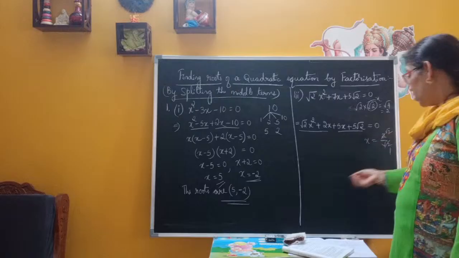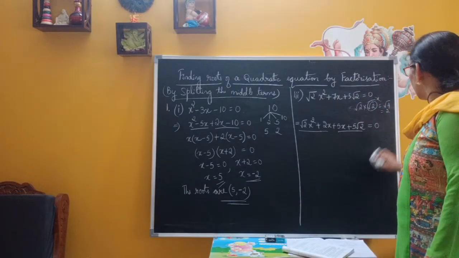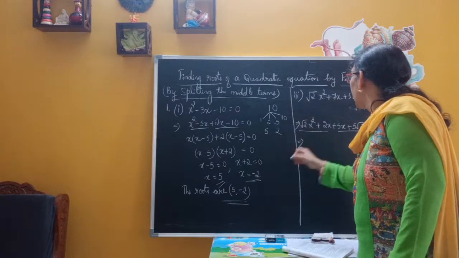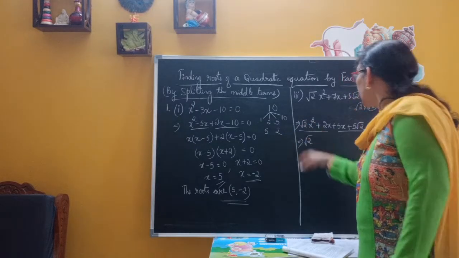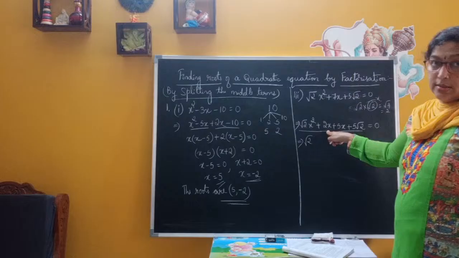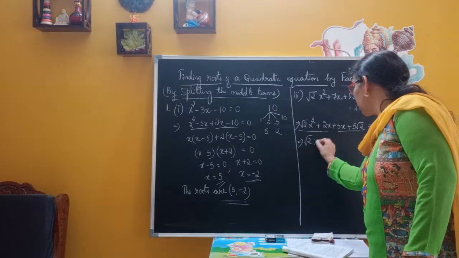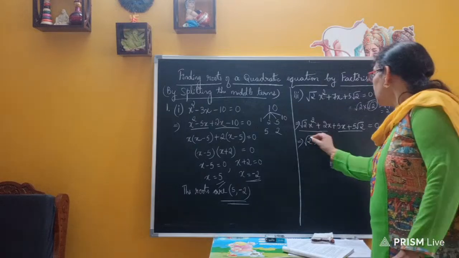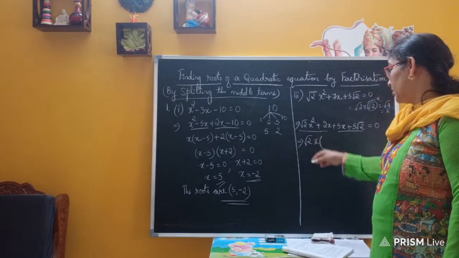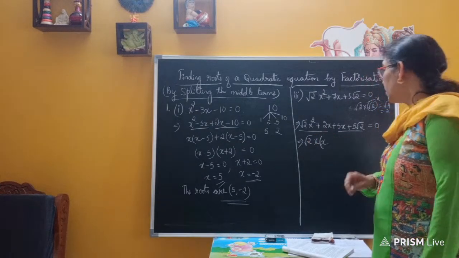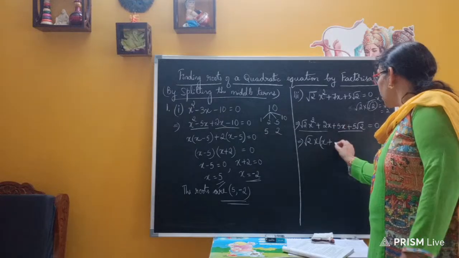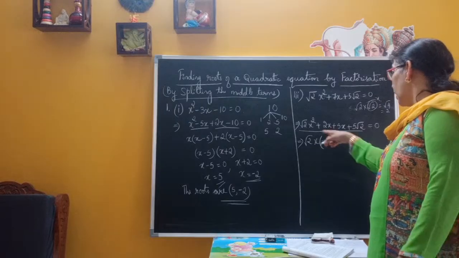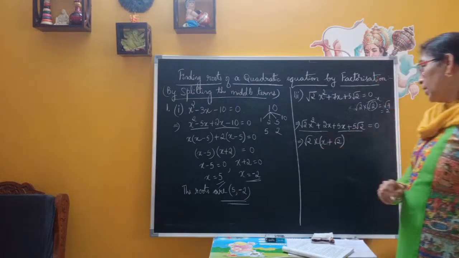Okay, so we can factorize this as: root 2 is the common factor and x is the common factor. What remains? Root 2 is outside, x is outside. We get only x here plus root 2, because 2 divided by root 2 is root 2 and x is outside. So x plus root 2.